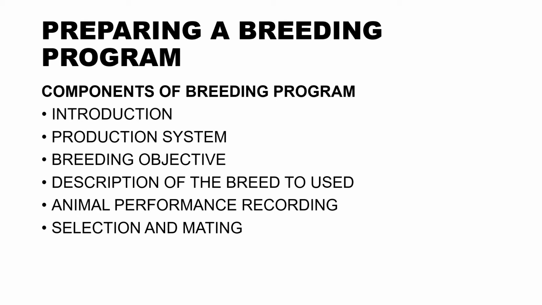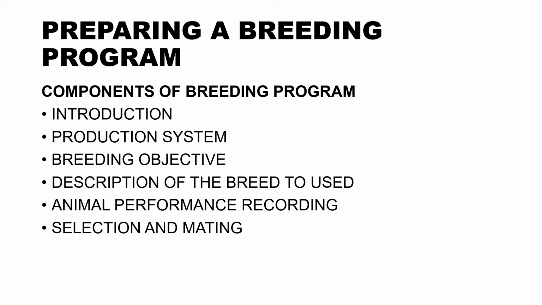So, if I require yun to make a breeding program, ito yung mga components niya. So, first is yung introduction. So, dito, i-introduce mo yung animal mo, yung ano bang industry yan.